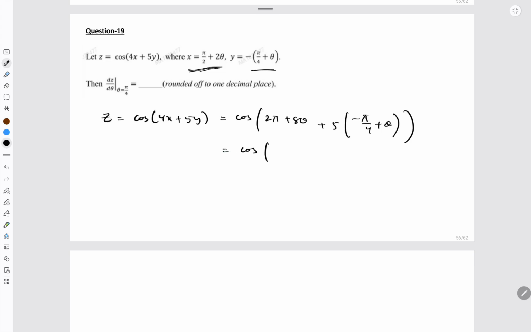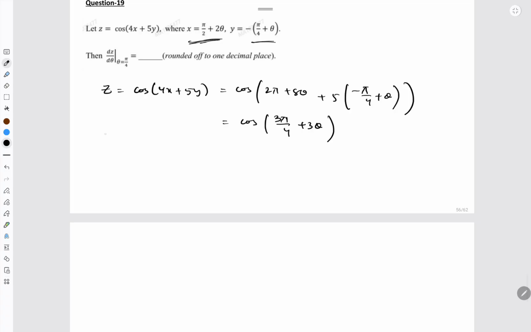So cos of 2 pi plus 8 theta, I mean, we don't need to calculate the value; z is cos of (3 pi by 4 plus 3 theta). So dz by d theta I can directly calculate. It is first of all minus sine of (3 pi by 4 plus 3 theta), then the derivative of the inner quantity with respect to theta, which is basically 3.